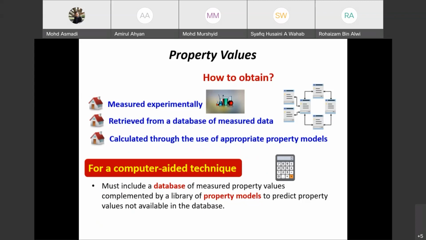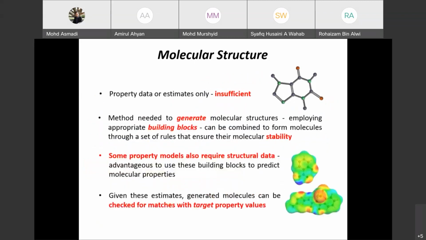You definitely need this from a database. If property data is not sufficient, you have to generate it from building blocks or group vectors. Building blocks are, for example, CH3, CH2, OH, COOH. You have to combine them to form the molecules.